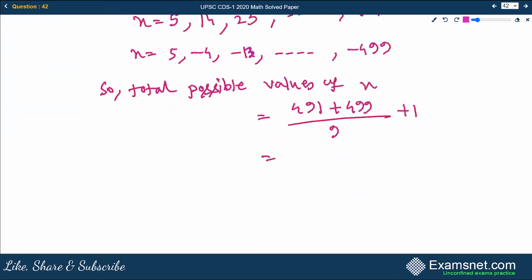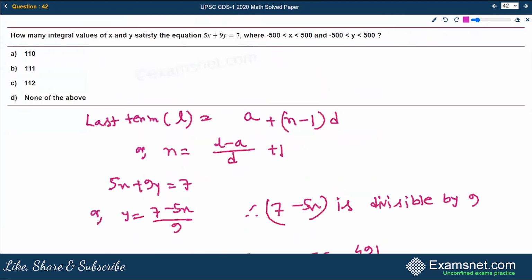So it will result in 110 plus 1, that is 111. So 111 is the number of integral values of x and y that satisfy the equation 5x plus 9y equals 7. Here option B is the correct answer.